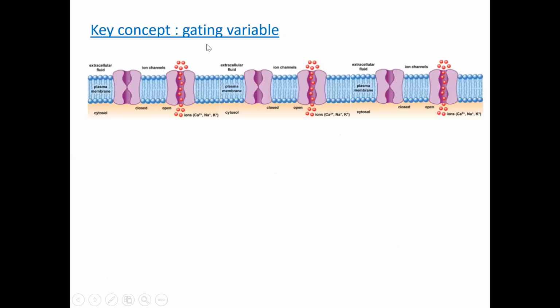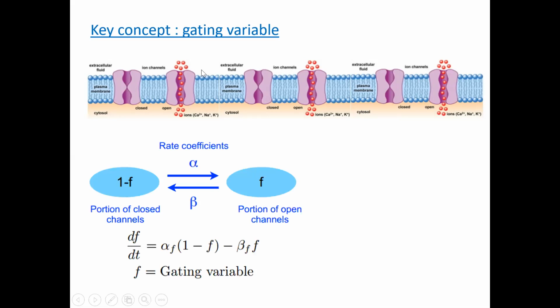The key concept in this is called a gating variable. Each of the gates, the sodium and potassium gates, can be closed or open, and they can go back and forth between being closed and open, depending on the membrane potential and time.